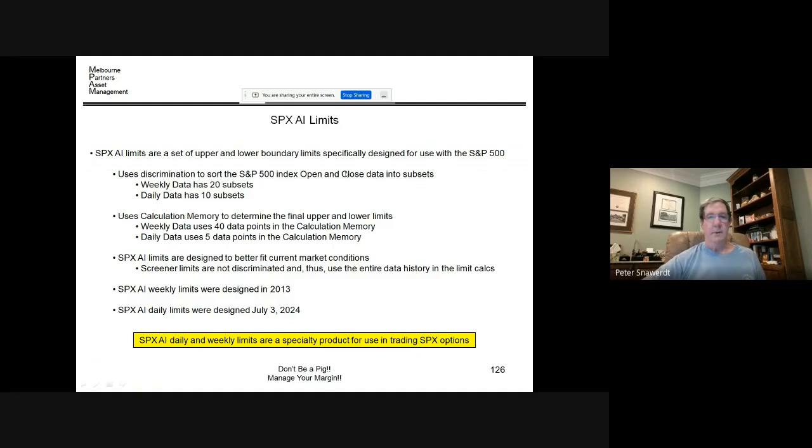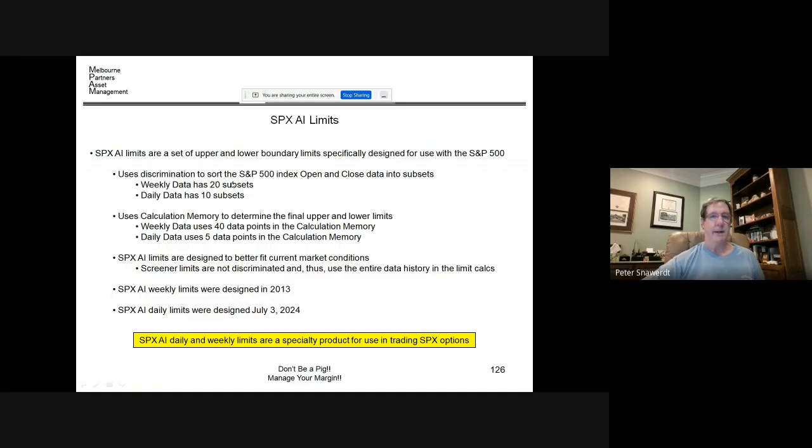But basically, we're using discrimination to sort the S&P 500 open and close data into subsets. We have weekly data that is 20 subsets and daily data that is 10. Note I publish something that only goes out 5 days in the future, and something that goes out 8 weeks into the future in the weekly data.